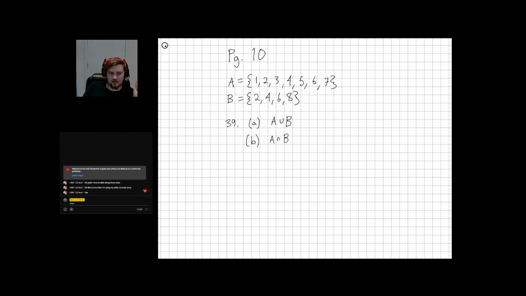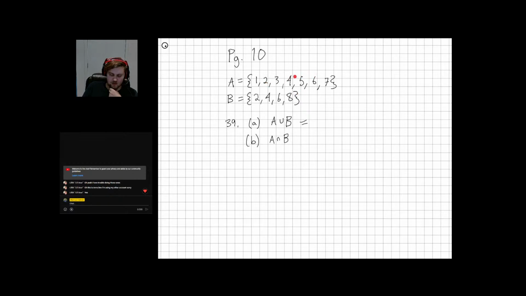If we're looking at the union of sets, we just want to make sure we include something if it's included in either one of them. So for A union B, in A we have 1, 2, 3, 4, 5, 6, 7, and then in B we have 2, 4, 6, 8.